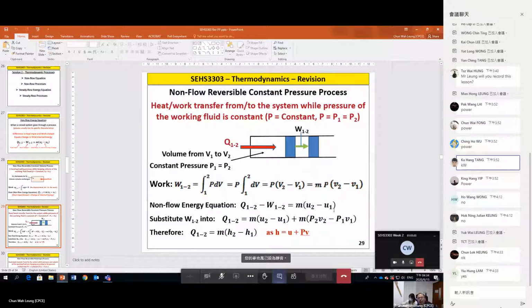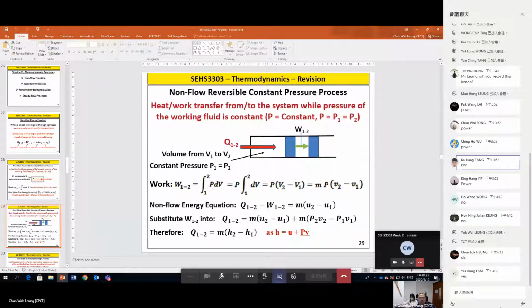However, if this is a perfect gas, then we should solve these unknown properties by using those equations. Okay? And then now, in this first law flow equation, the first one we will tackle is the work.